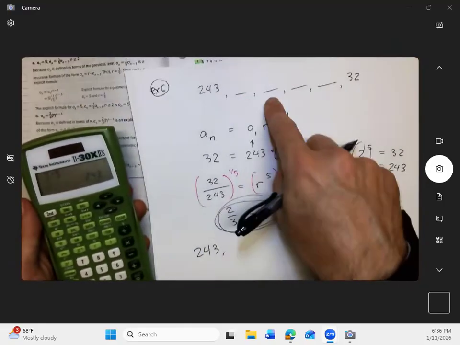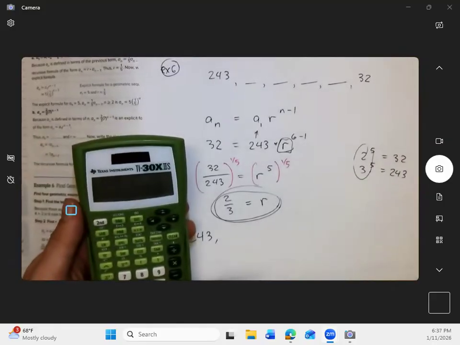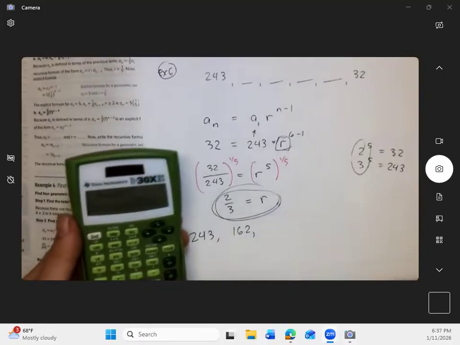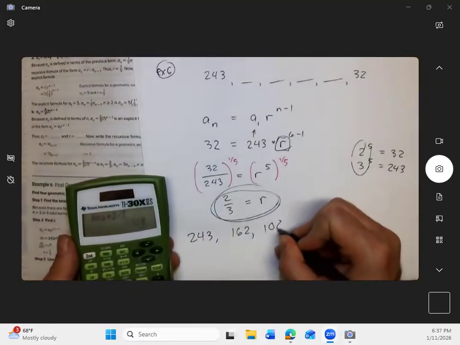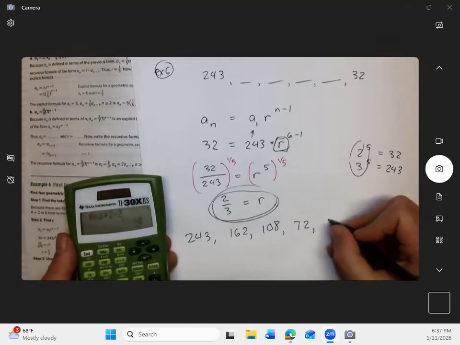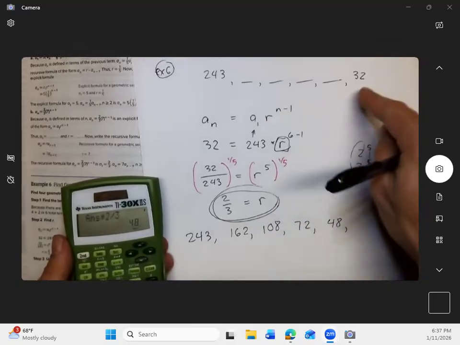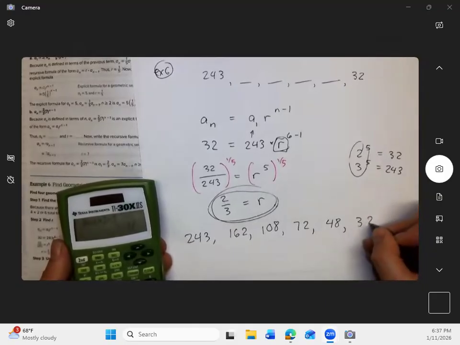It should fill in all these blanks and be exactly aligned with the 32 by the time we get to the sixth term. So times 2 over 3. That's 162. And then enter. Just keep hitting enter. And if I hit enter one more time, the calculator has to say 32. And I know everything aligns, it all works.